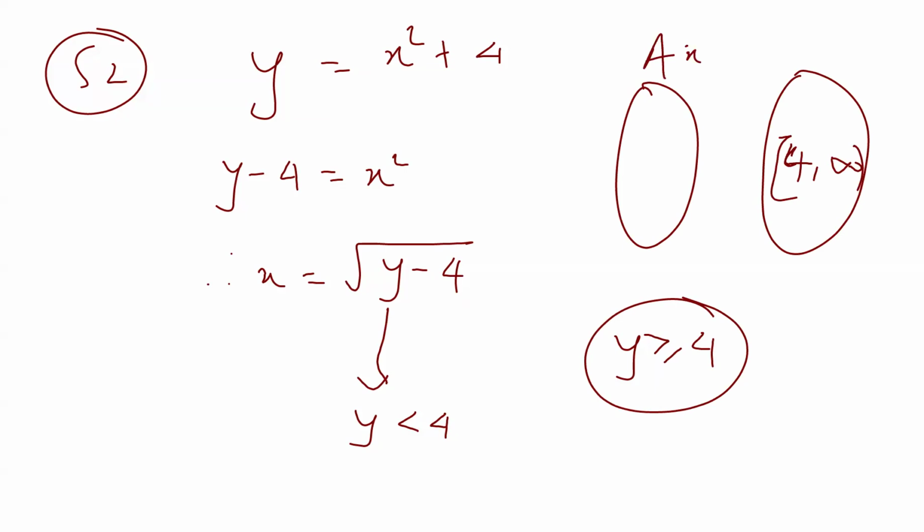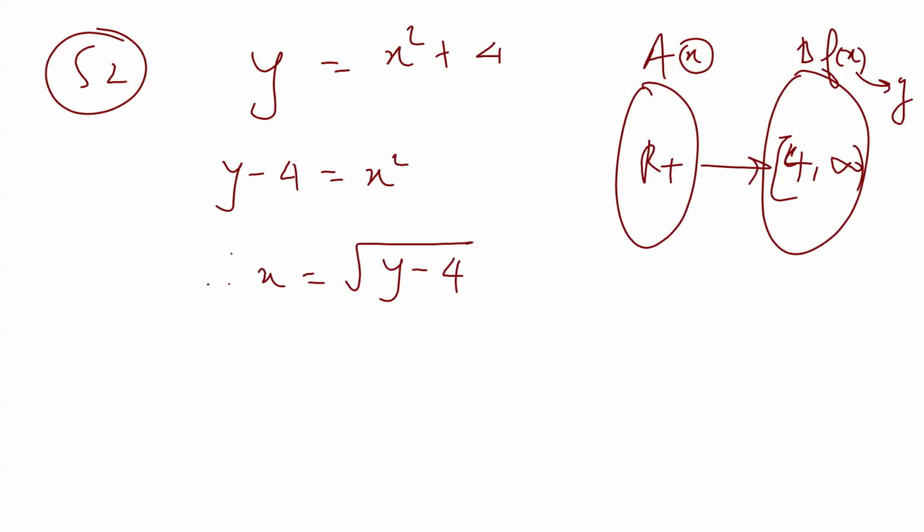So this is A which has x, B has f of x, which is y. And these are positive reals over here. See, you cannot take any random y value. You have to take only real values which are greater than or equal to 4.